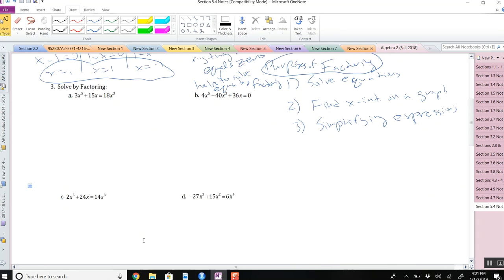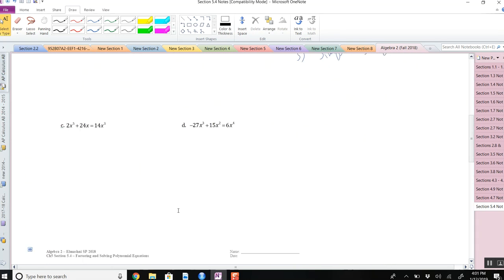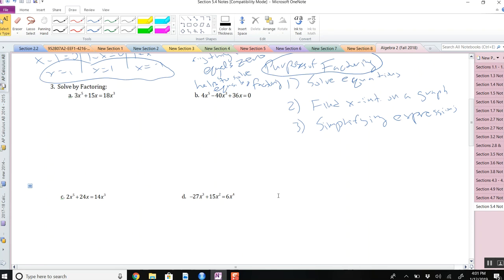More solving by factoring. So there's actually 4 examples here. I'll do A and C, then I would ask you guys to maybe pause the video and do B and D, and we'll see if we get the same answers. But for A, what you want to do is get everything on the same side first, and try to write it in standard form, with the exponents going in descending order.